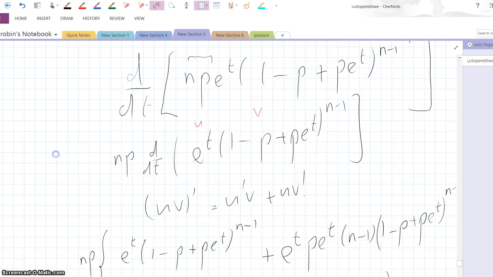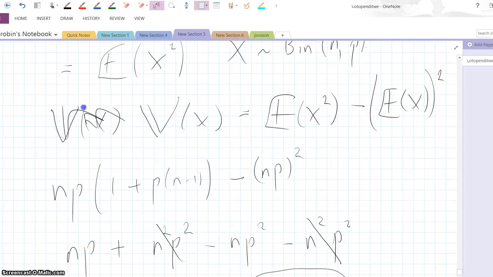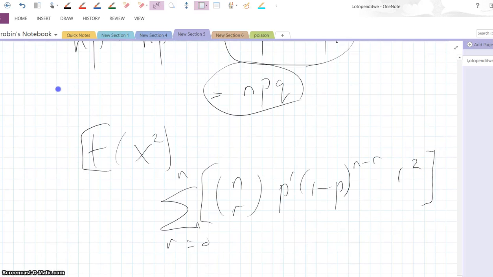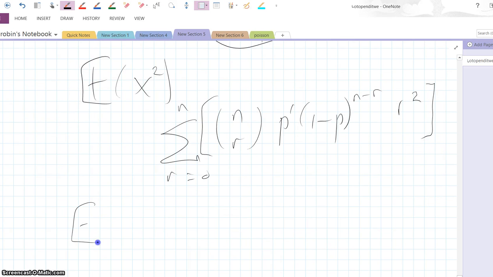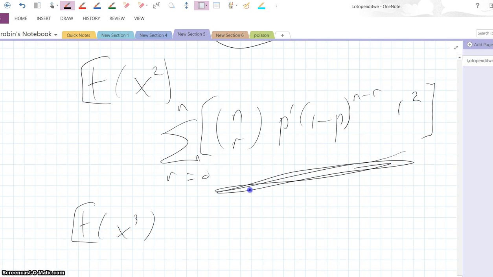Once you've done it once, you can get all this wonderful stuff dead easy, and we can even do the expectation of x cubed. And if you think this thing here is hard, which it is, if you make that a cubed, then it's like even harder. Okay, I'm going to stop there.